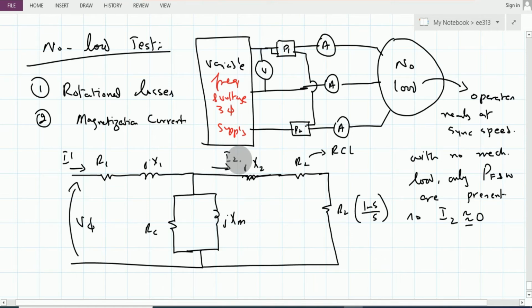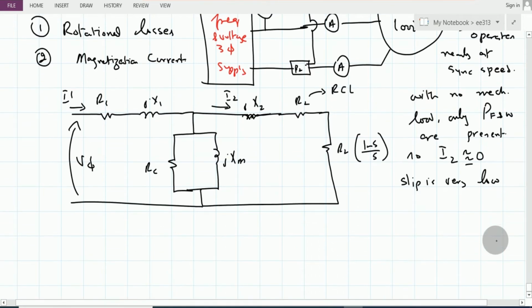Under these no load conditions, the value of slip is very low, and therefore I2 is approximately equal to 0. R2 into (1 minus S) over S is very large compared to R2 and jX2. The slip is nearly equal to 0.001 because we are operating at no load.